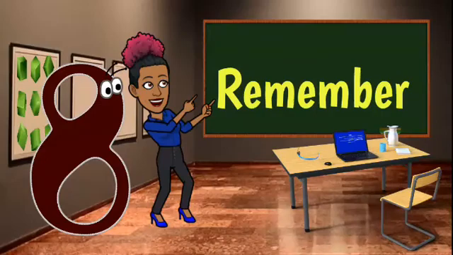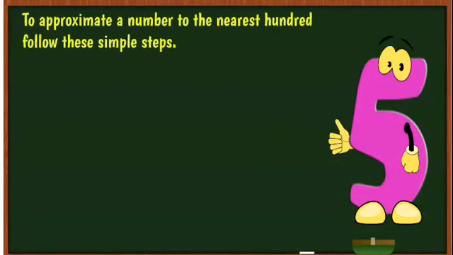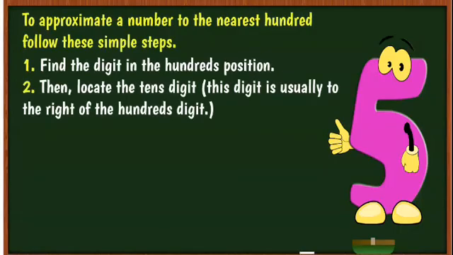So here are some tips to remember. To approximate a number to the nearest hundred, follow these simple steps. 1. Find the digit in the hundreds position. 2. Then locate the tens digit. Now this digit is usually to the right of the hundreds digit.